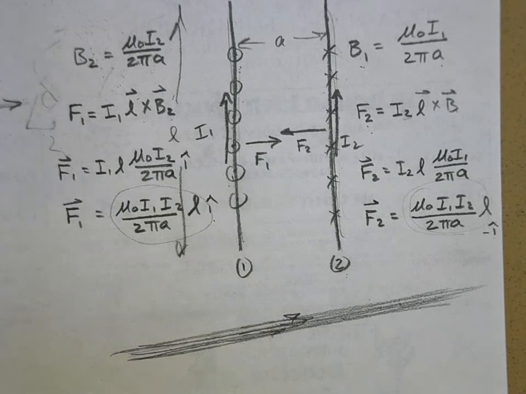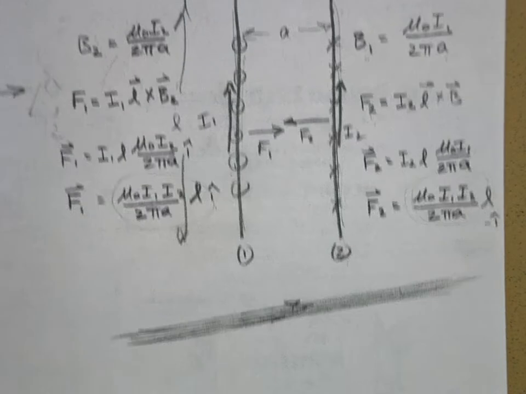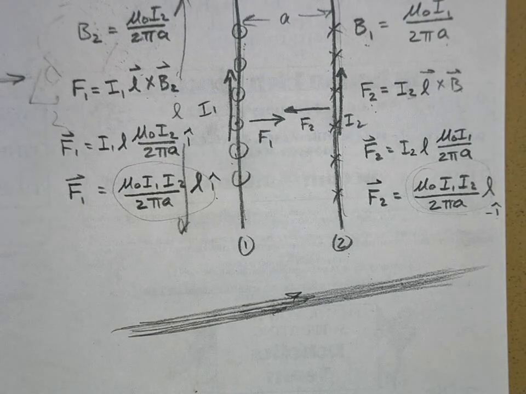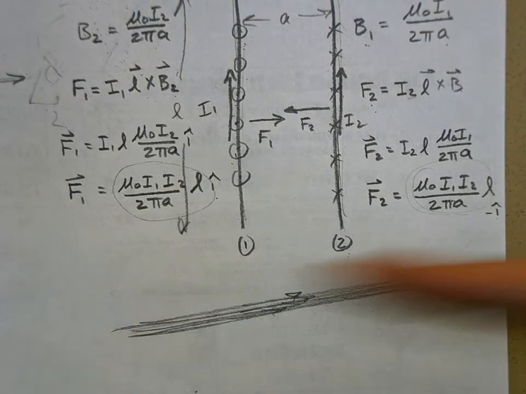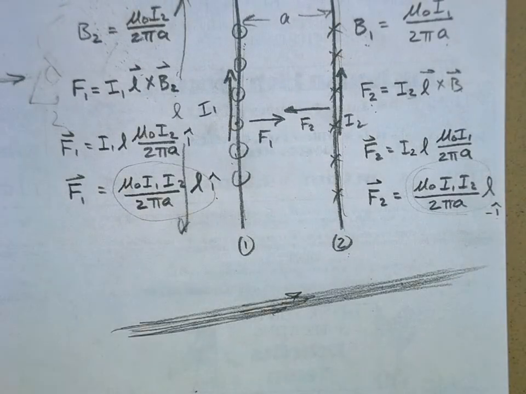Because what if the wires were in the opposite direction? This is a good way to memorize this, because on multiple choice on the AP test, they'll ask you about currents that are parallel. Anti-parallel means they're going in opposite directions. I think it's going to be easy to see that those wires are going to push each other apart.